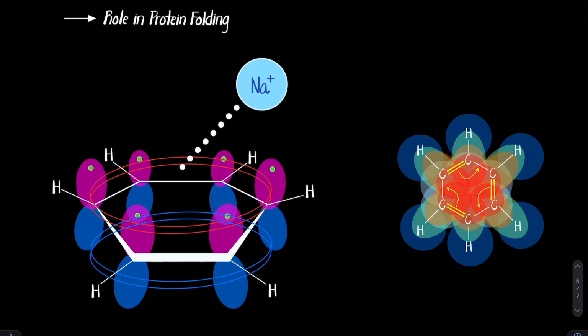One more very interesting interaction that you'll see in biochemistry is the cation-pi interaction. We know with our knowledge of benzene rings that they exist really as electron clouds above and below the entire ring. That's known as a quadrupole.